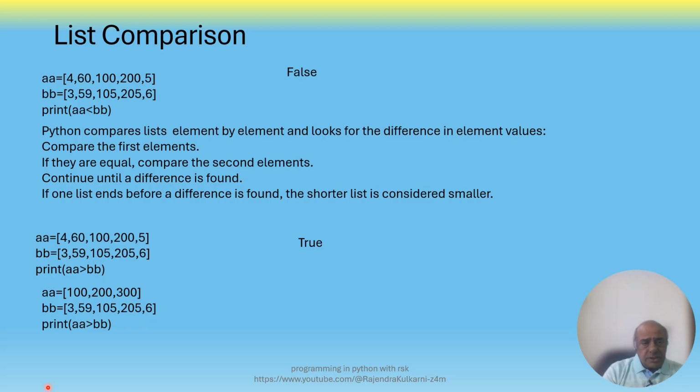AA has 3 elements. If we compare AA with BB, we get true because 100 is greater than 3 and the comparison ends there. It doesn't check whether the other elements are equal, lesser or greater.